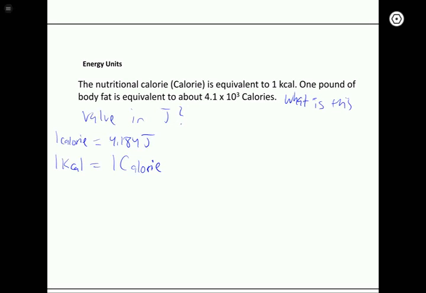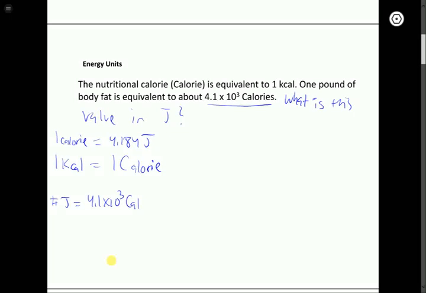So if we're going to convert 4.1 times 10 to the third calories into joules, what we need to do is first convert that into kilocalories. So we have 4.1 times 10 to the third calories with a big C. That's going to be equal to 1 kilocalorie, so we can use this trivial conversion factor to get into kilocalories. And then we have 1,000 calories per kcal.